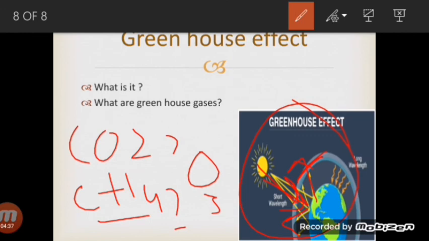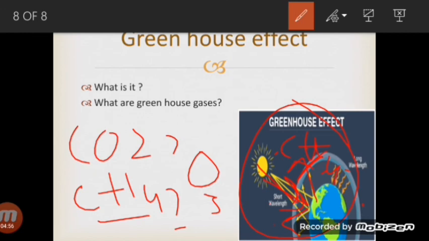And greenhouse gases in the atmosphere trap the heat and warm up the Earth's surface. Whenever there is any such greenhouse gas, it traps the radiation and won't allow it to reflect back.